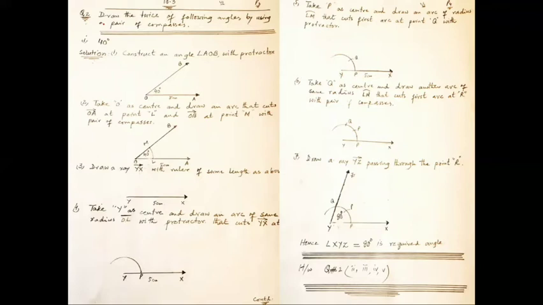Dear students, question number 2. In question number 2, the first two steps are of the same pattern that we did in question number 1. Draw twice the following angles by using a pair of compasses.